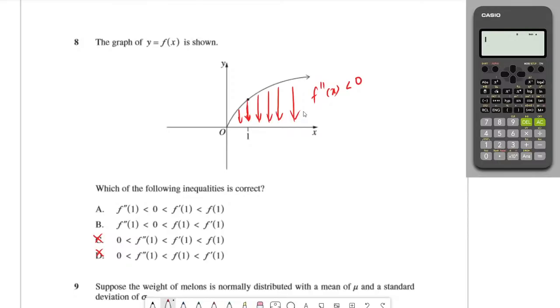But if we take a value on that function, we would notice that the function value is actually decreasing. So because it's increasing at a decreasing rate, going up but going up slowly, we would have to say that the function value must be bigger than the derivative.